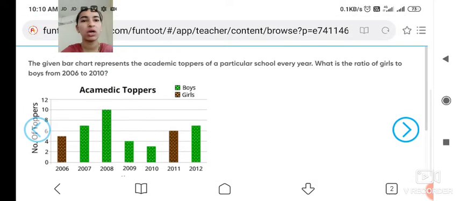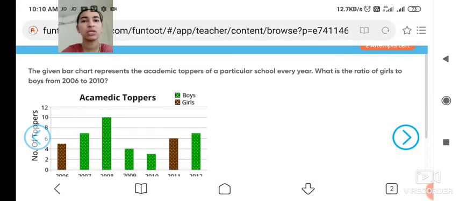Let's take another one. The question is, the given bar chart represents the academic toppers of a particular school every year. Now what is the ratio of girls to boys from 2006 to 2010?